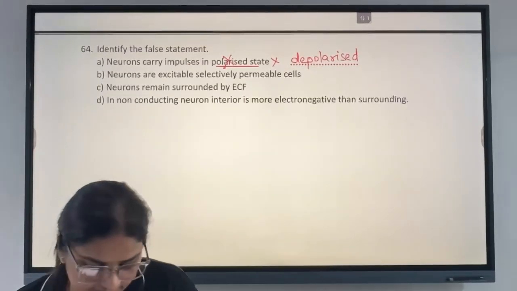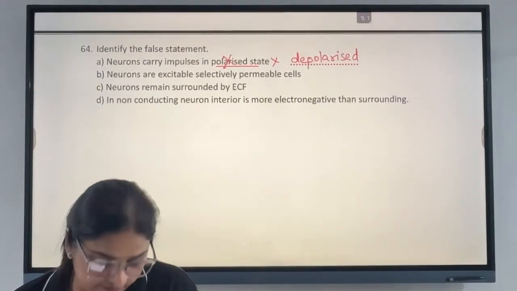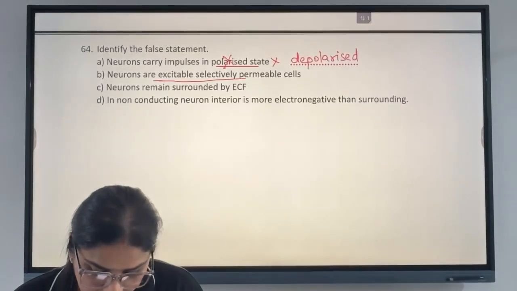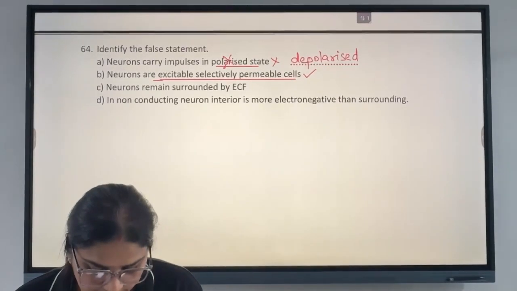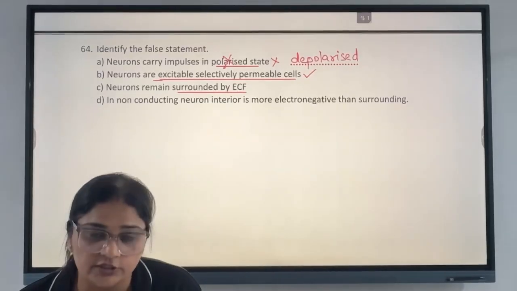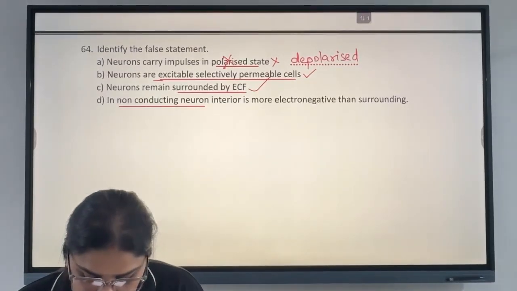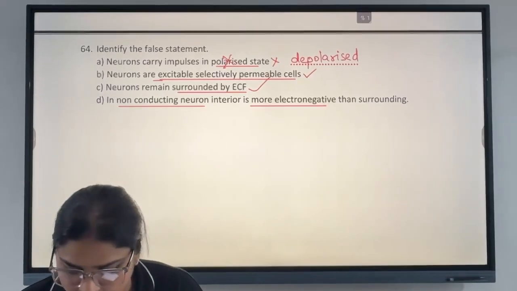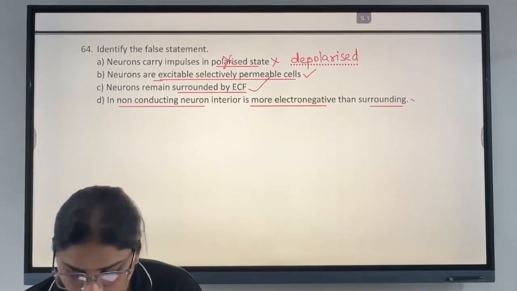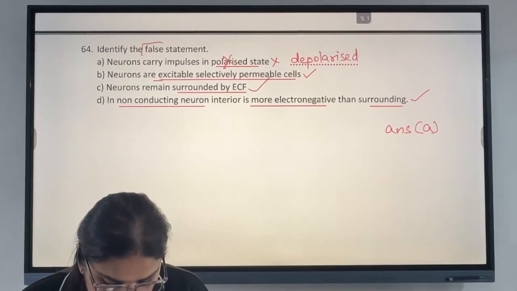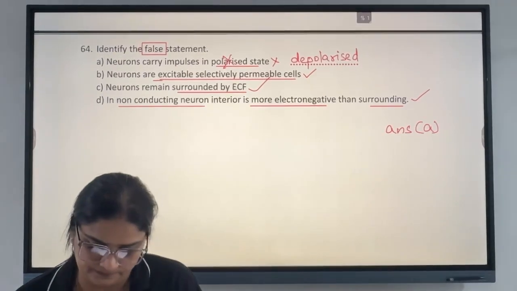Statement A in itself is the answer, but we'll still look at options B, C and D. Neurons are excitable, selectively permeable cells. It's correct. Neurons remain surrounded by ECF, extracellular fluid, absolutely correct. In non-conducting neuron, interior is more negative, electronegative than the surrounding, absolutely correct. So answer is option A. That's the only false statement in the question.